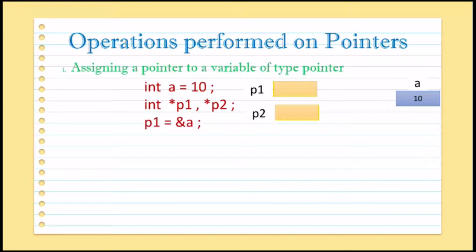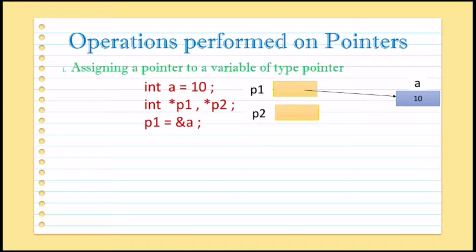In next line we have initialized pointer variable p1 by the address of variable a, that is p1 equal to &a. So here p1 will point to the address, or you can say memory location, of variable a. Note that p1 will hold the address of variable a, not the value stored in a.